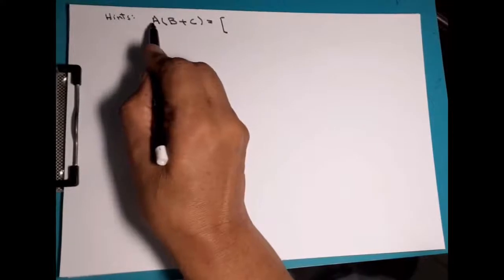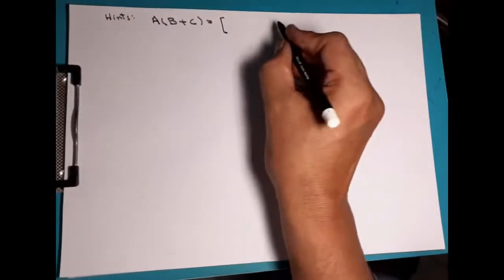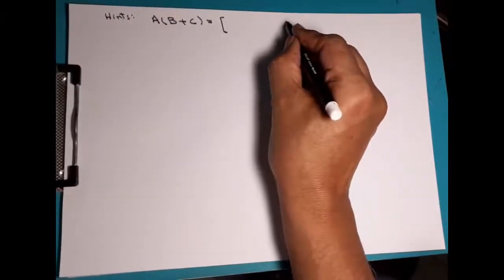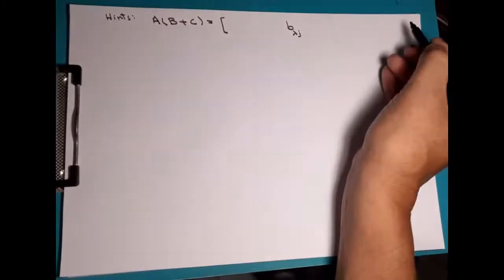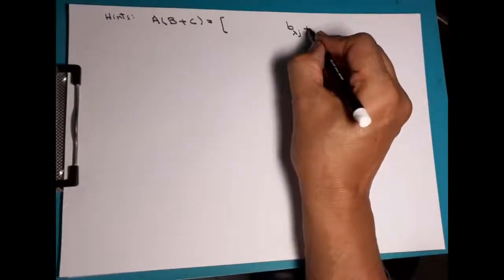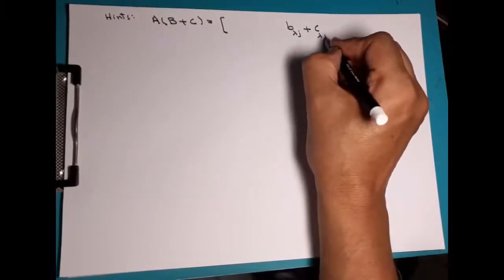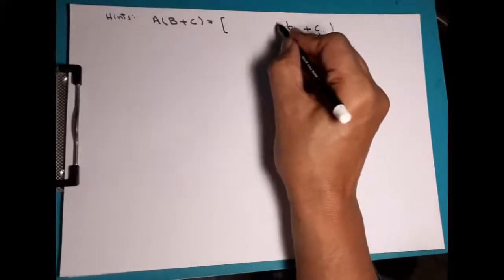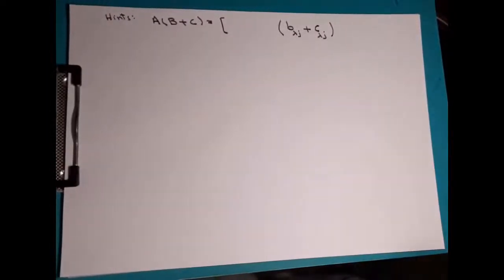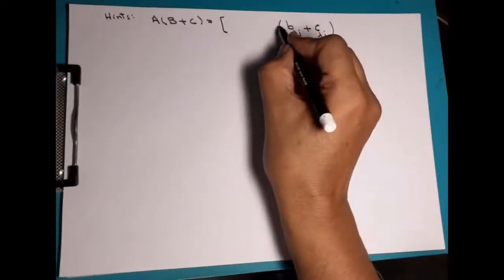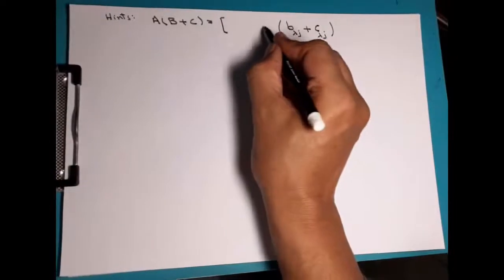We are going to multiply ith row of A with jth column of B plus C. So jth column of B plus C is going to be B lambda J, entries of jth column of B added with entries of jth column of C, C lambda J. So this is sum of entries of jth column of B with corresponding entries of jth column of C. So we are going to multiply it with ith row of A from left hand side.